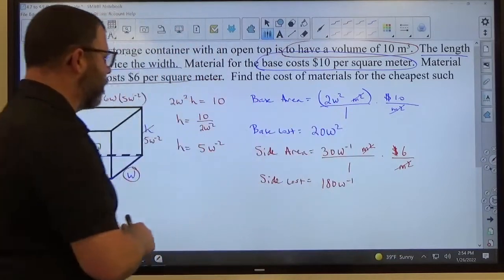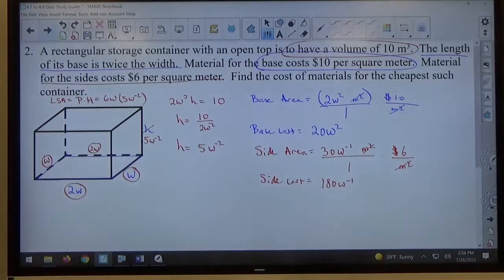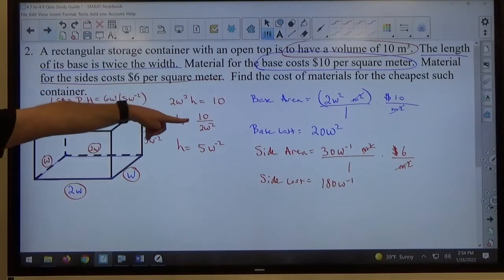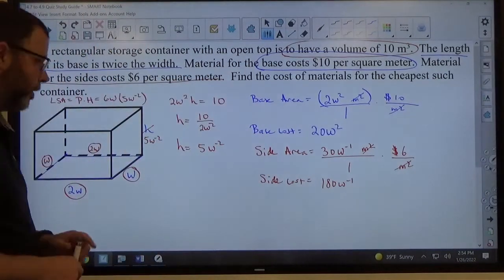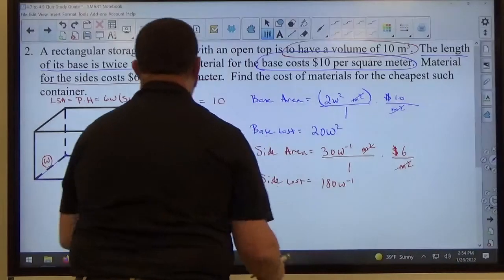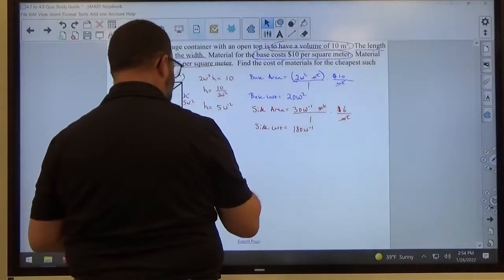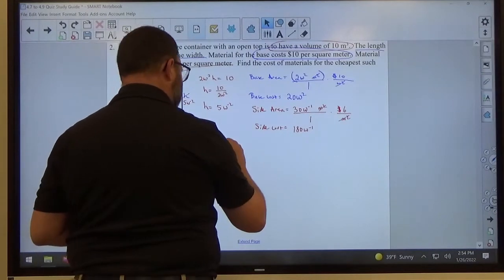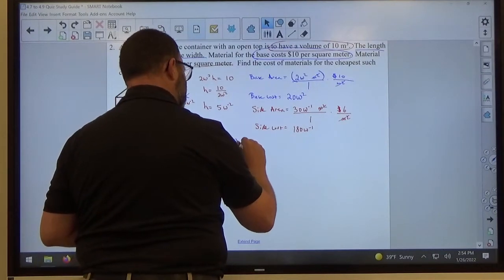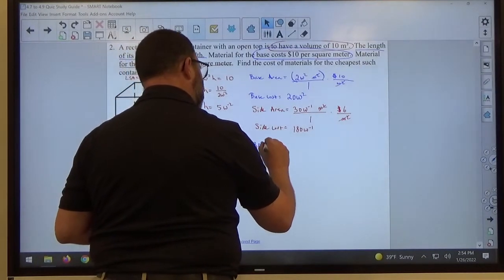Again, I'll leave the dollars off. So the total cost of this entire box is going to be the cost of the base, which is 20W squared, added to this cost of the sides, which is 180W to the negative first. And again, that's my goal in these problems, to create one equation that represents what's going on in terms of one variable. So 20W squared plus 180W to the negative first power.